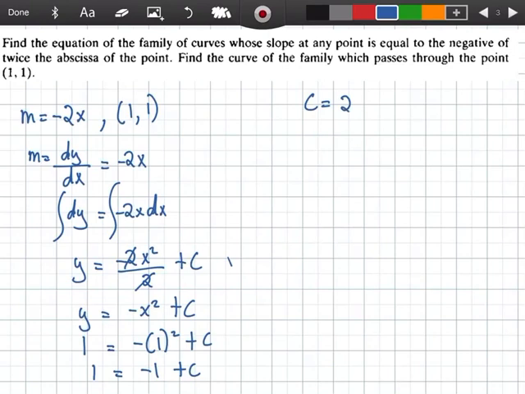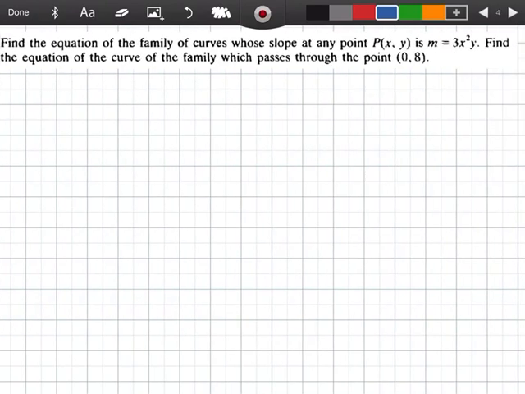So, the equation of the curve is y is equal to negative x squared plus 2. The answer to the curve of the family which passes through the point 1, 1 is y equals negative x squared plus 2. That is the equation of the family of curves whose slope is negative twice the abscissa of the point and passes through the point 1, 1. That's it. Next, number 2.